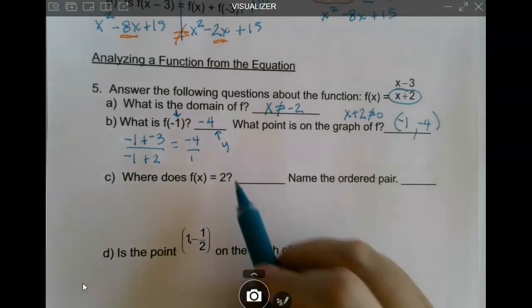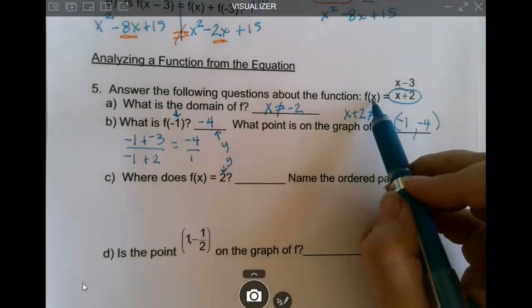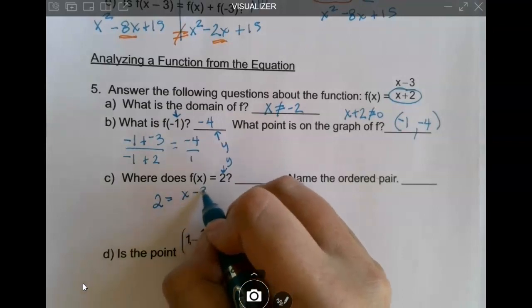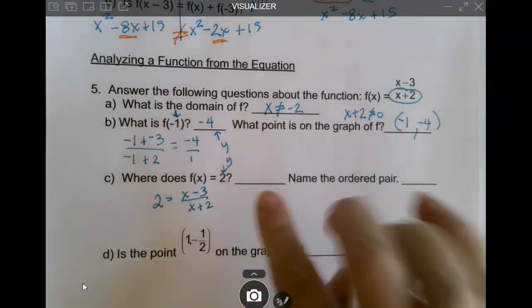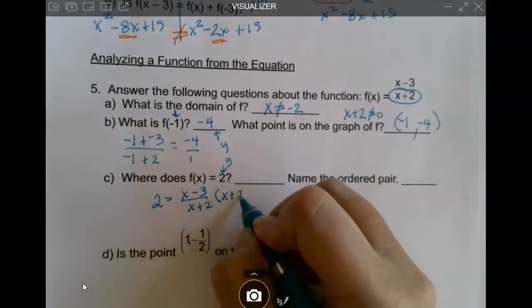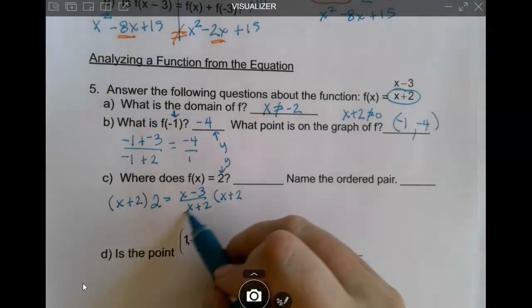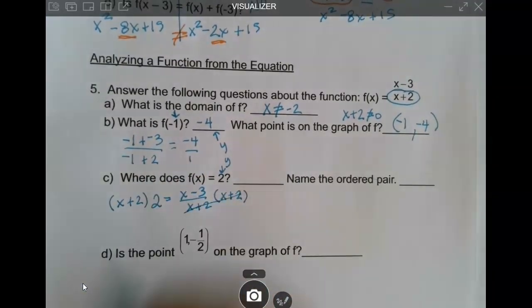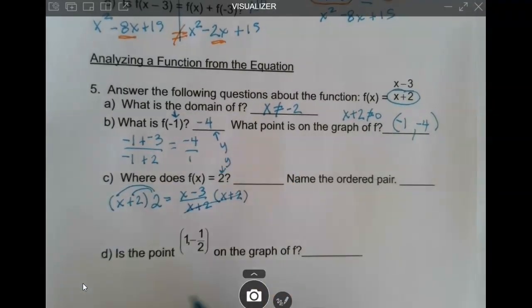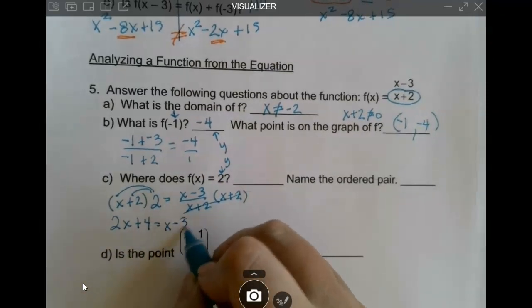Where does f at 2 happen? So this is y. So it wants me to plug in 2 for y, and then solve. 2 equals x minus 3 over x plus 2. So I'm plugging in 2 for y. Now to solve this, we already said just multiply by the bottom. That cancels the bottom out, and it moves over here. And this is not an exponent, this is a regular number, so I'm going to distribute that. So I'm going to get 2x plus 4 equals x minus 3.